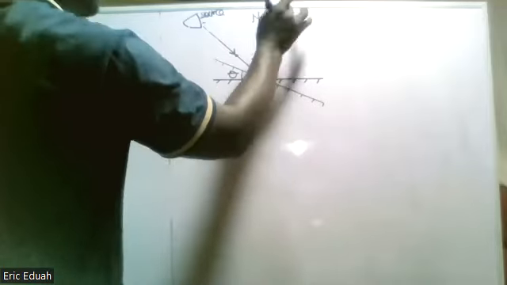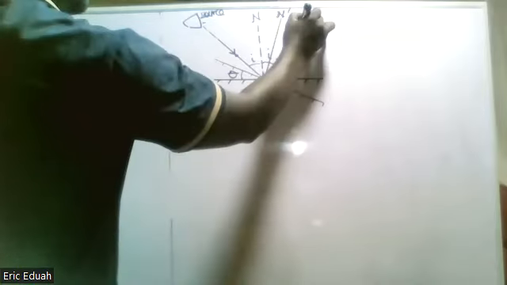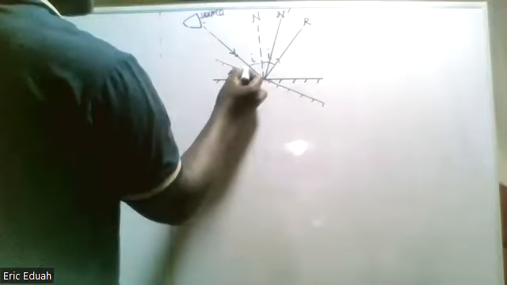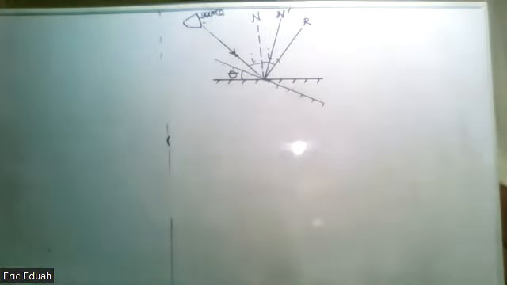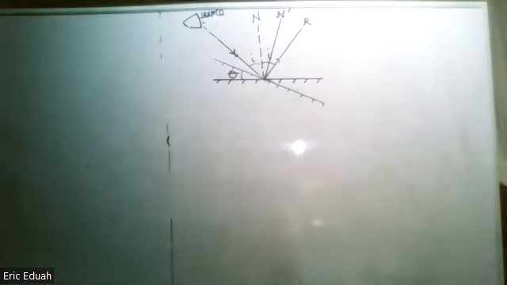So this will also give us a new normal N1 prime. There is a reflection as a result of the first position of the mirror. Please, are we okay? Yes, please.